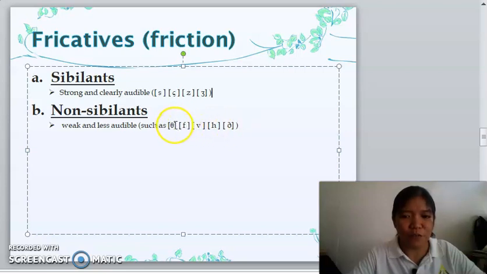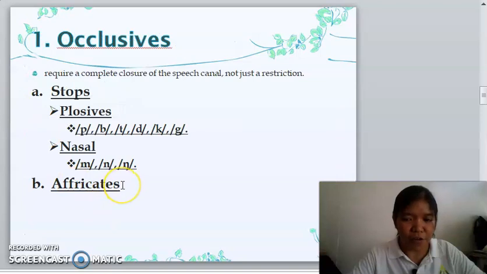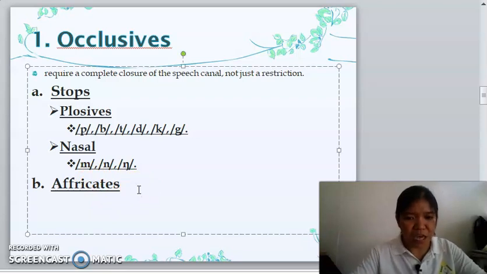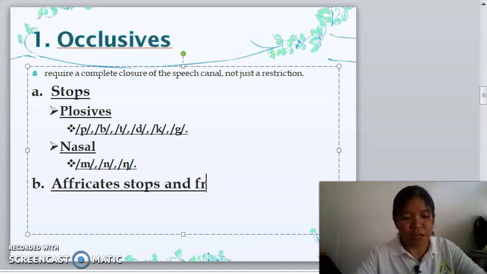We also have the sound of soft TH as in thin. So that is affricate. Affricate is the combination of stops and fricatives.